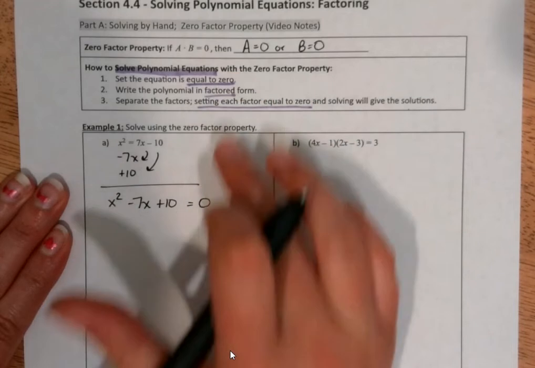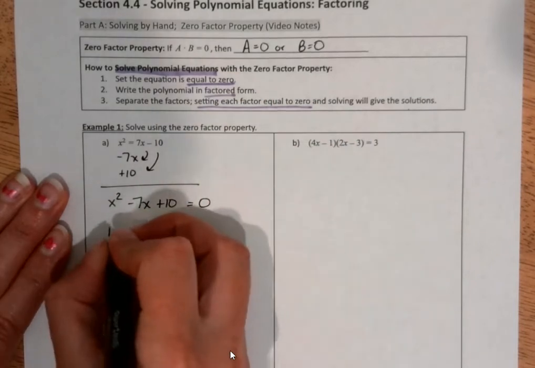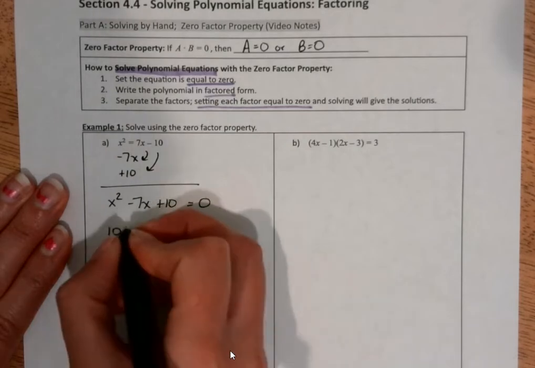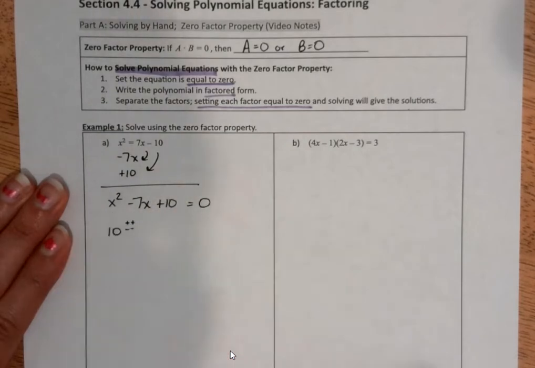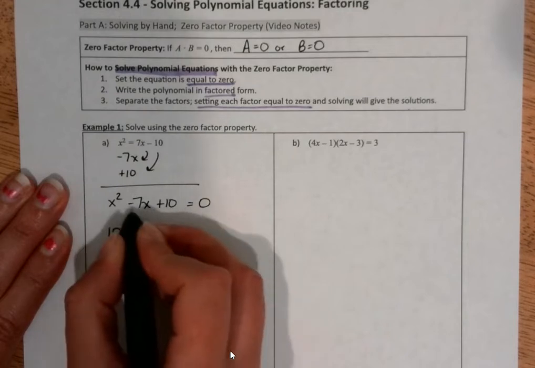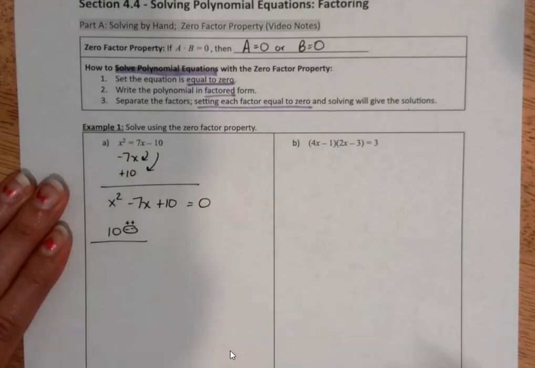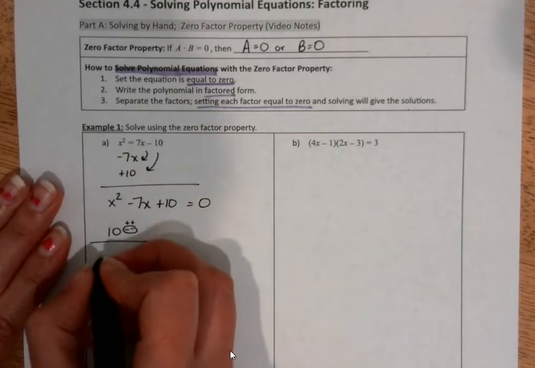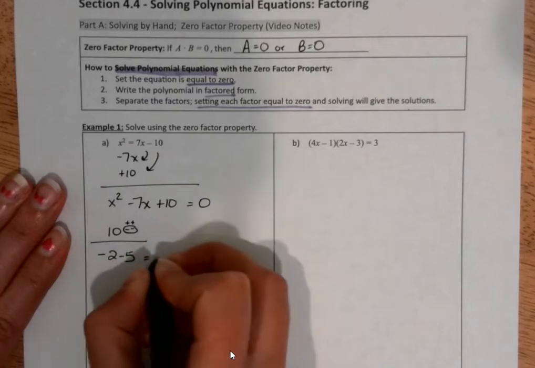I've got equal to 0. I'm going to write it in factored form. Okay, so I'm looking for, I've got 10. It is positive, so I know that I need either two positives or two negatives. And because the 7 is negative, I'm going for those two negatives. So let's see. Let's try negative 2 and negative 5. And that equals negative 7.